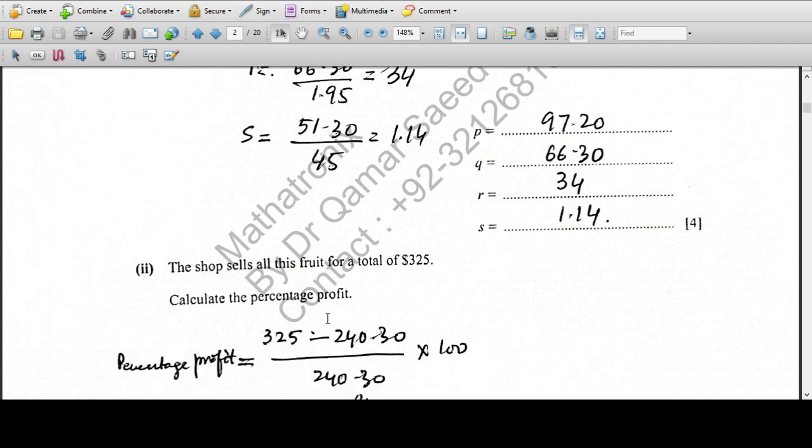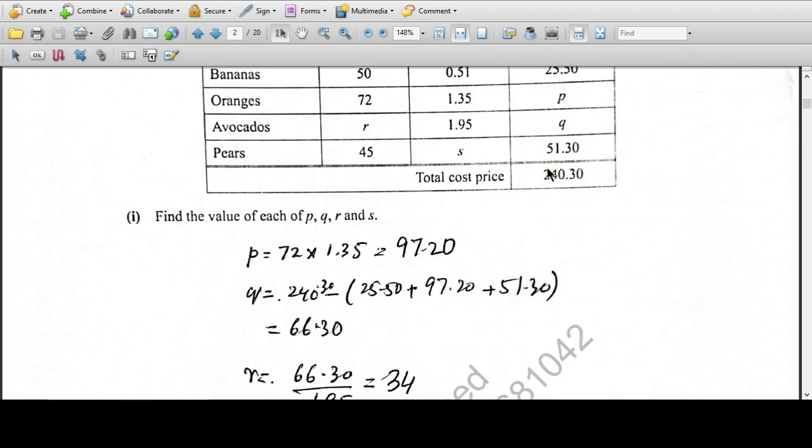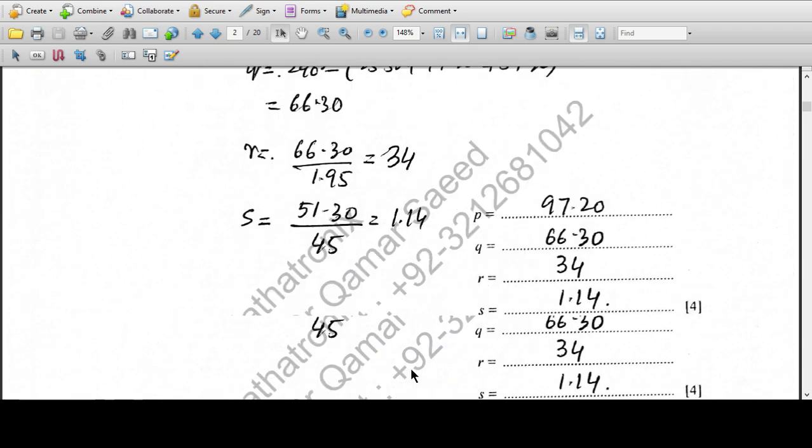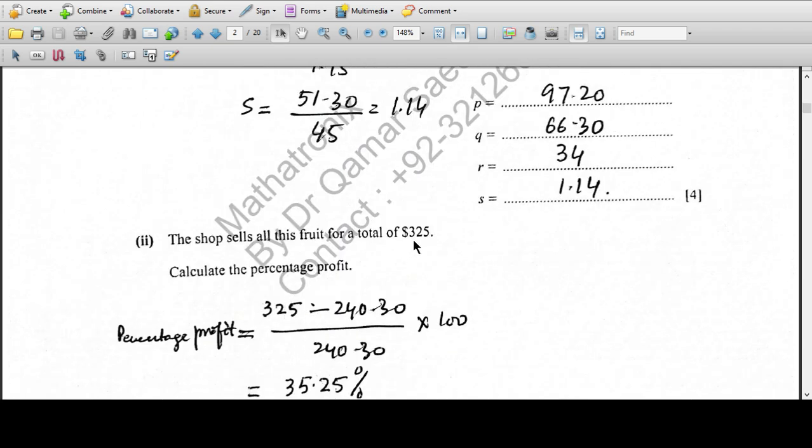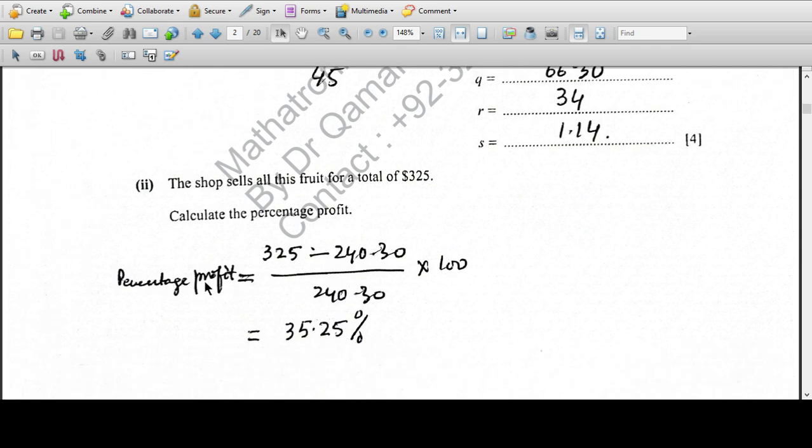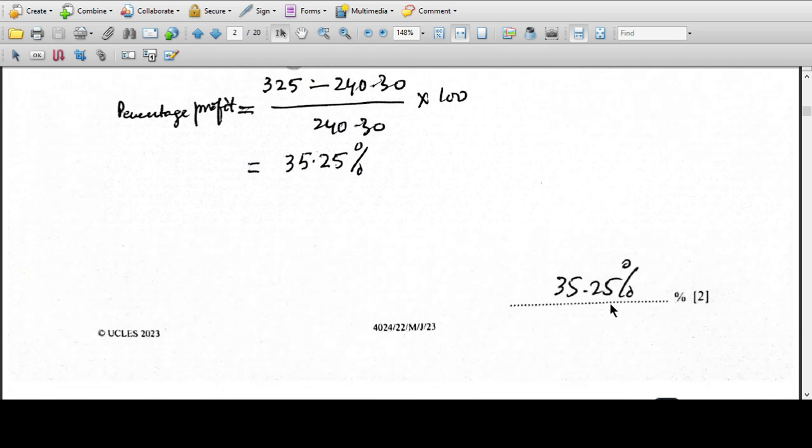The difference between the selling price and the cost price, divided by the cost price, times 100, is the percentage profit. So we calculate 325 minus 240.30, divided by 240.30, into 100. The percentage profit obtained is 35.25. So the answer is there.